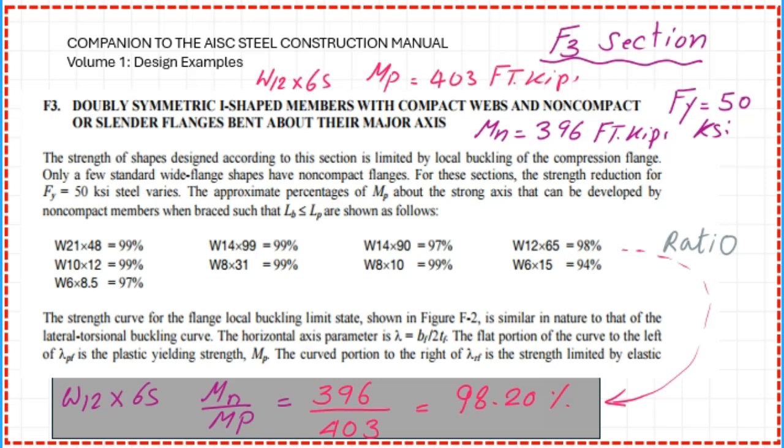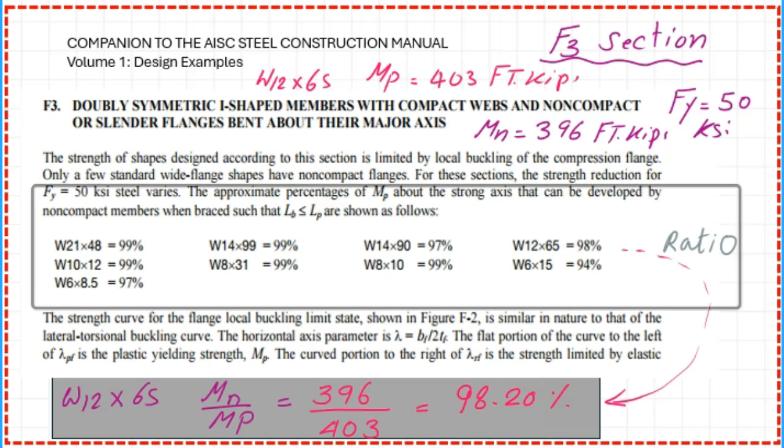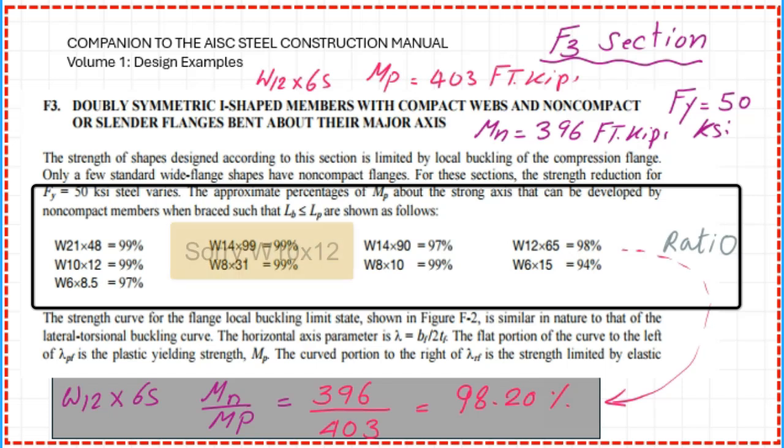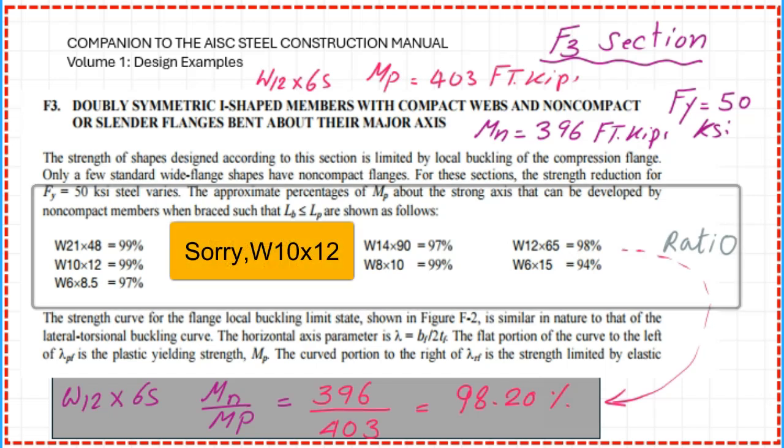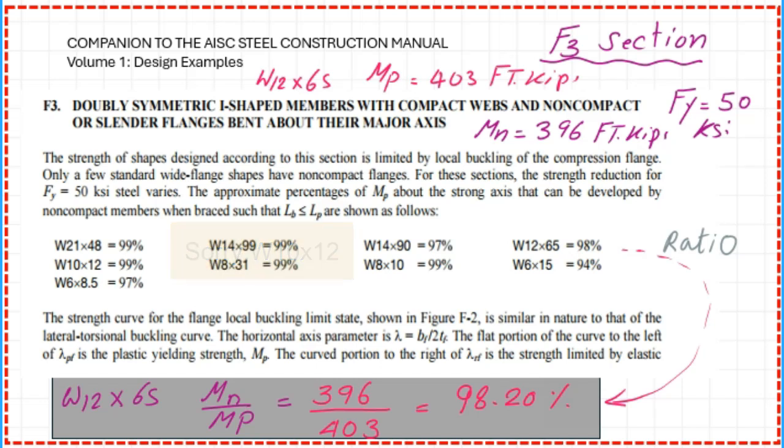When the F yield equals 50 ksi, we have 9 non-compact sections, starting from W21 by 48, W10 by 18, and W6 by 8.5. These sections have a ratio between M nominal and M plastic that is less than 1.